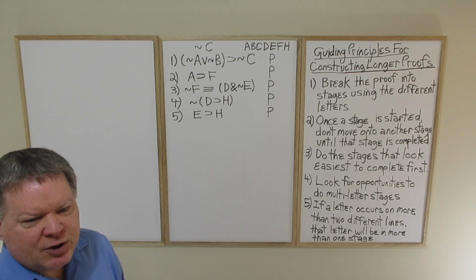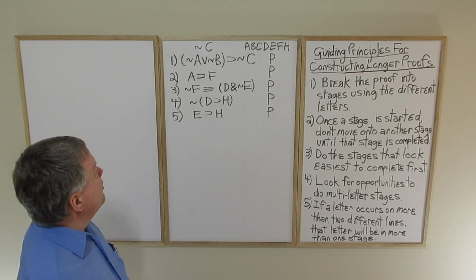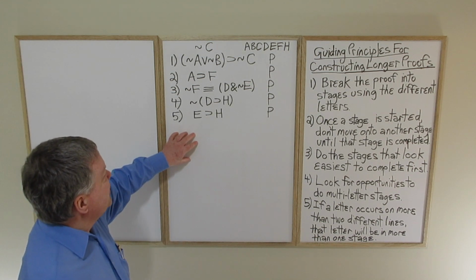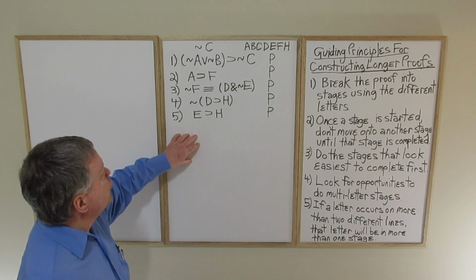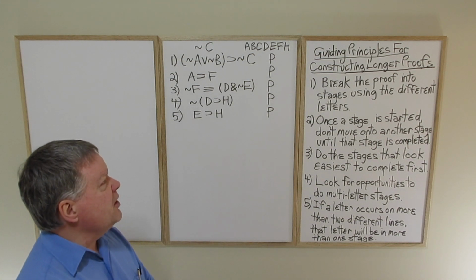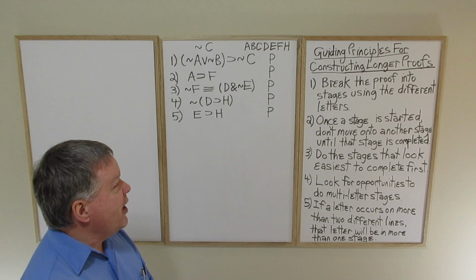At this point, you definitely don't want to be haphazardly just attempting to apply rules and hoping everything is going to work out. Instead, you want to be very systematic.